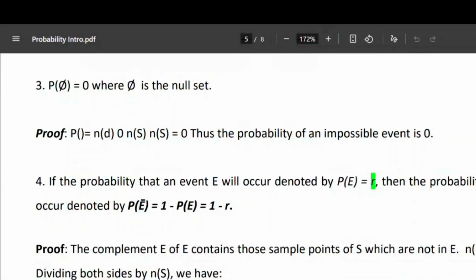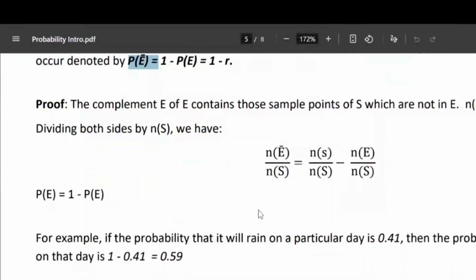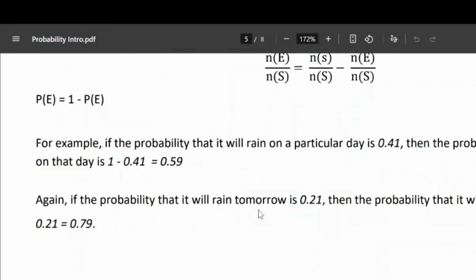So we are saying the probability that the event will not occur is 1 minus the probability that the event will occur. So if we say R represents the probability that the event will occur, then the probability that the event will not occur equals 1 minus R. And it can be proved, but the proof is not your business.